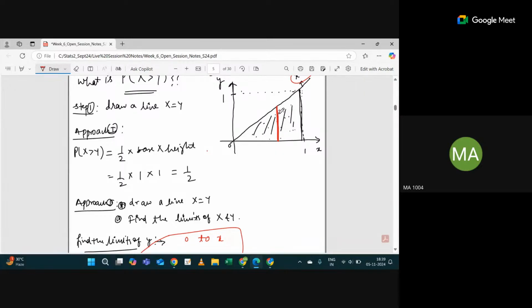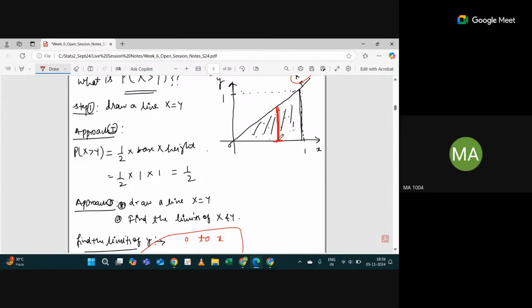If you can see this red line, from where to where is this red line going? 0 to x, right? What is the limit of y on the x-axis? Zero. Got it.